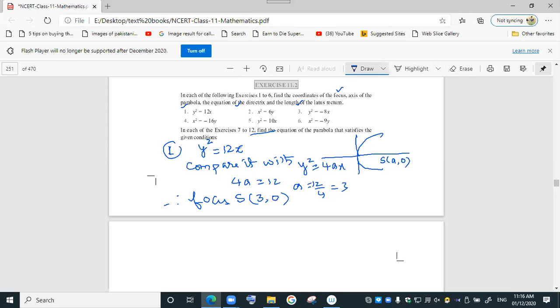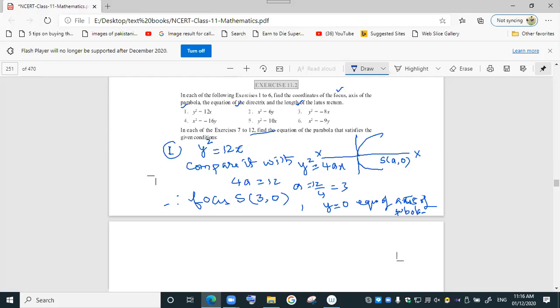Then second thing, axis of parabola. Axis of parabola is x-axis, and the equation of axis of parabola is y is equal to 0.